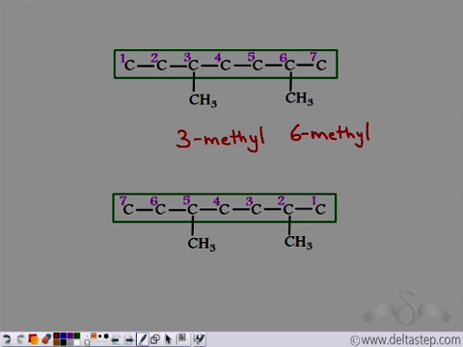One methyl group is attached to position number 3 and one methyl group is attached to position number 6. So you see 3-methyl, 6-methyl. In order to avoid writing the same substituent again and again, we use a prefix. That is, we can write this as 3,6-dimethyl.